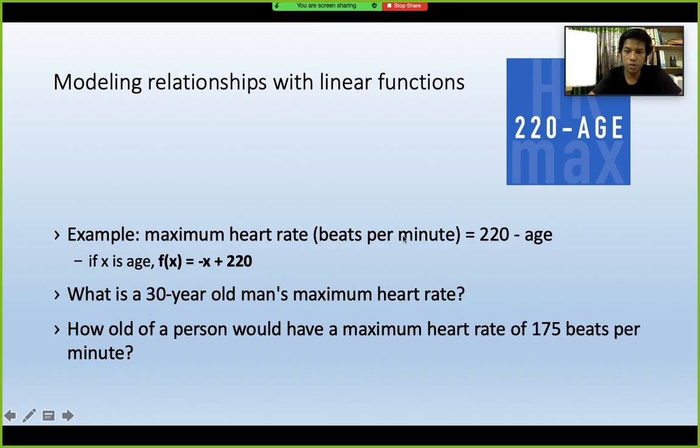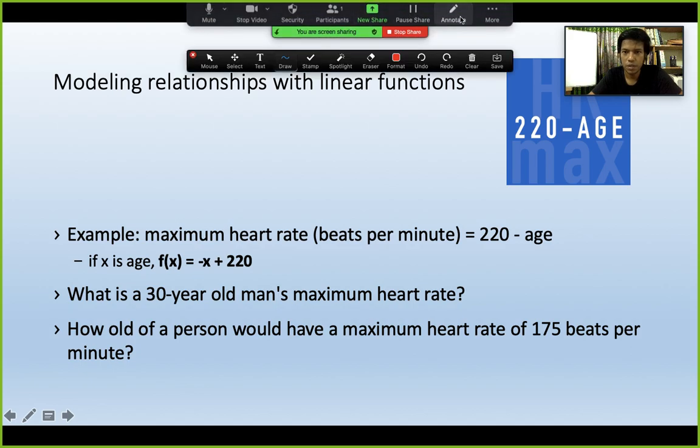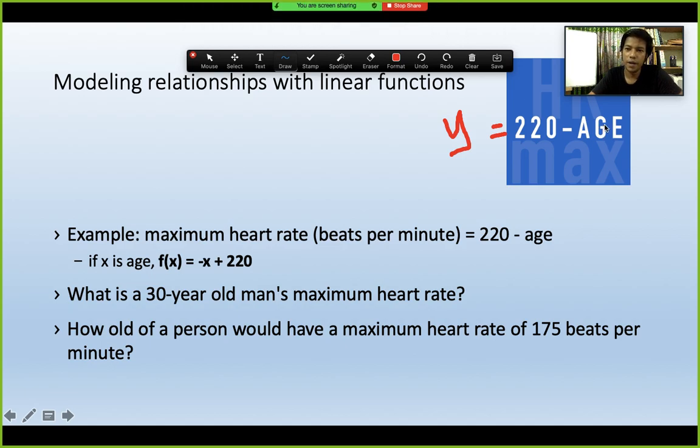Maximum heart rate equals 220 minus age. This is the heart rate function. So suppose you know this: 220 minus age. Now if someone says, okay, if someone is 20 years old, what will be the heartbeat? Then you can put here 20, then you get the heartbeat.